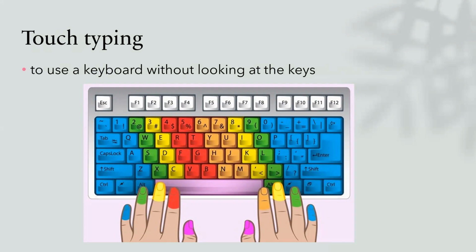As you can see, fingers are in different colors, and each color is for a different finger. The space bar is purple, and you can see thumbs are purple too.